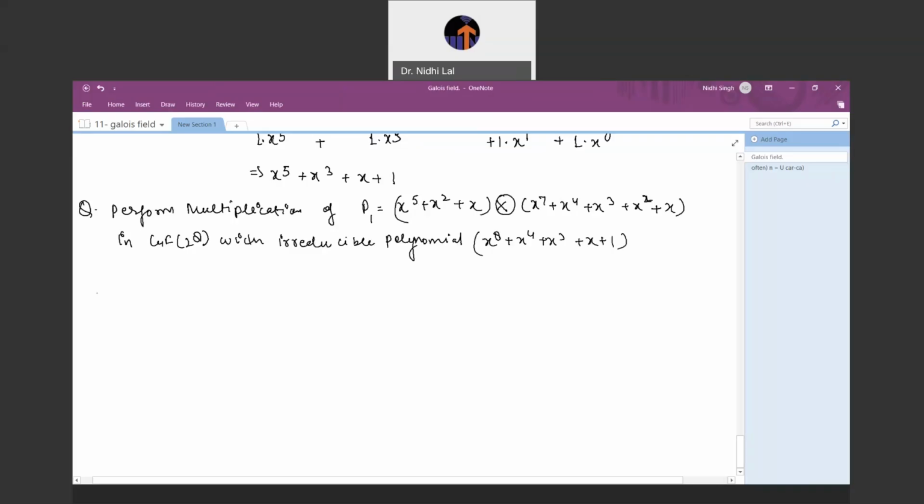So for the multiplication operation, you have to apply the distribution law. This is identified as P1 and this is P2.